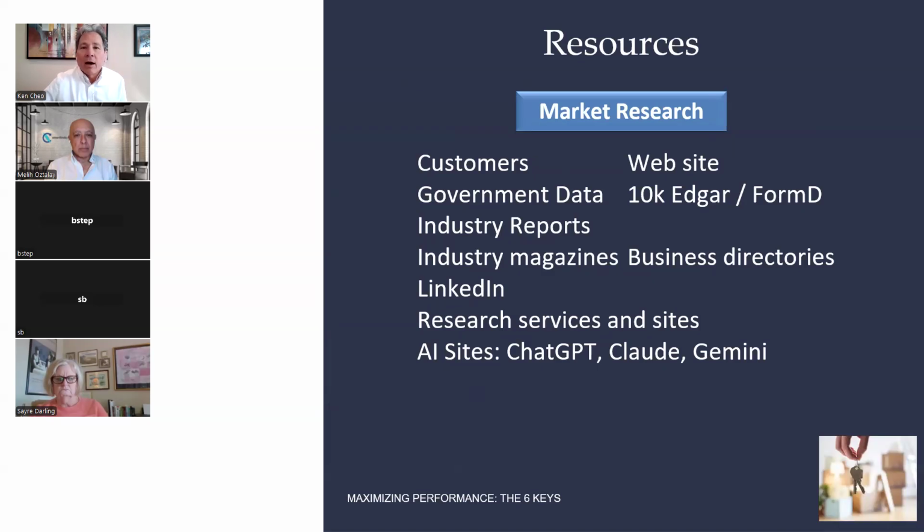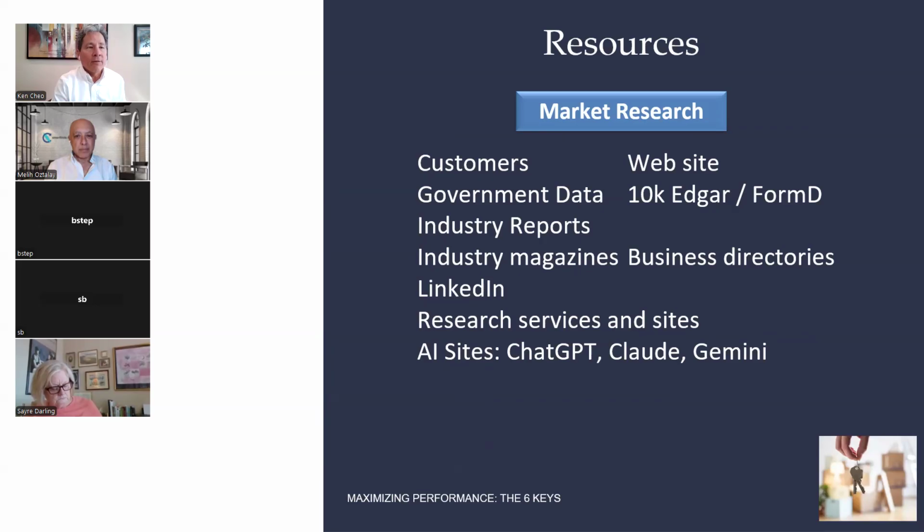resource data. Your best resource are customers. What are your customers doing, and what are the trends there? Okay, and ask them. Okay, you can go to the web and get information. If it's a public company, I was talking to another customer today that was dealing with biotech and tech startups.